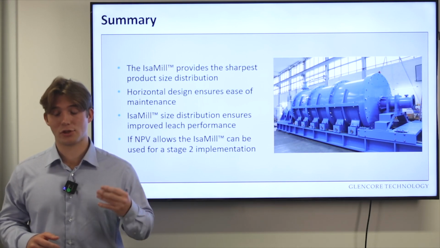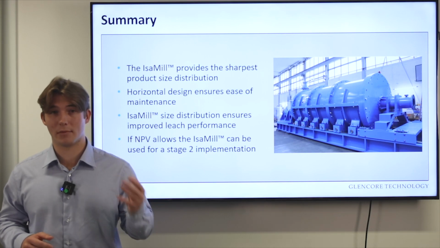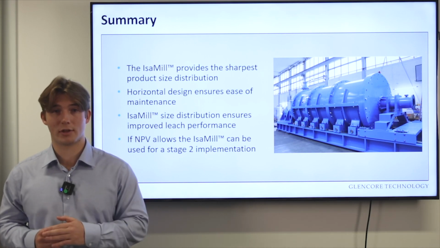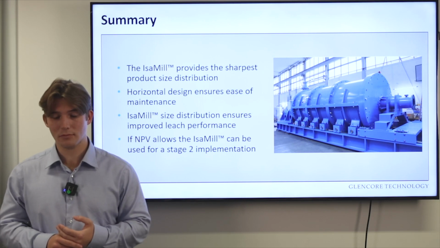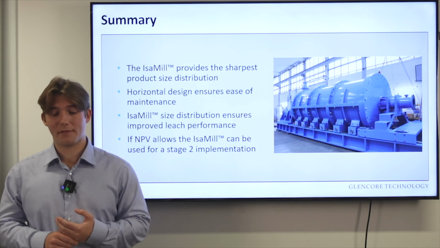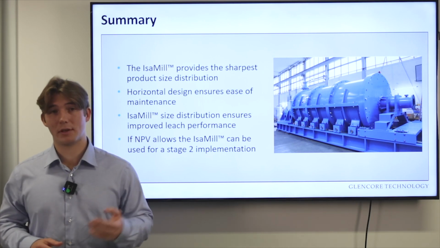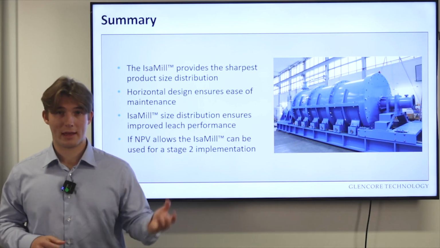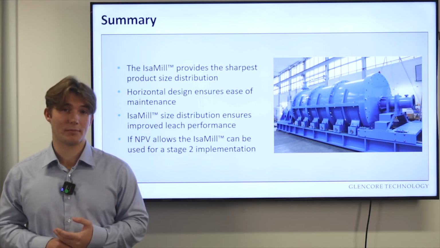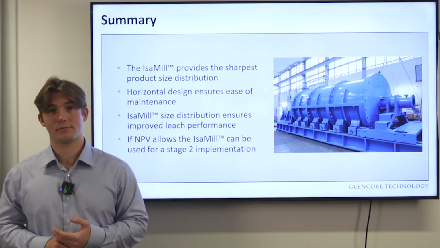And the IsaMill ensures that losses to passivation are minimised due to ensuring that you get a sharp size distribution. If NPV allows, the IsaMill can also be used for a stage 2 implementation or furthermore in a stage 3 implementation. Thank you.